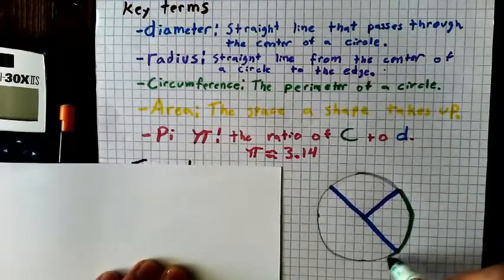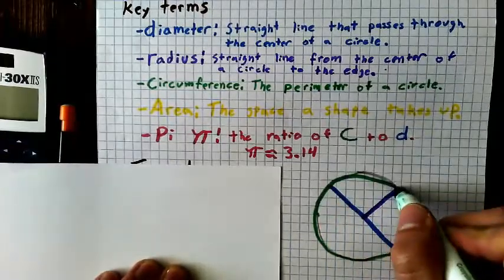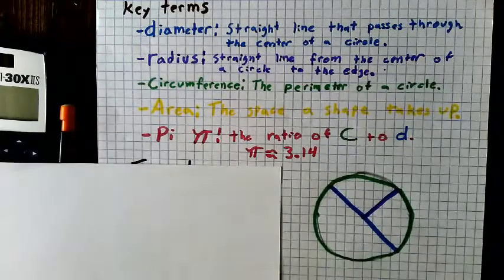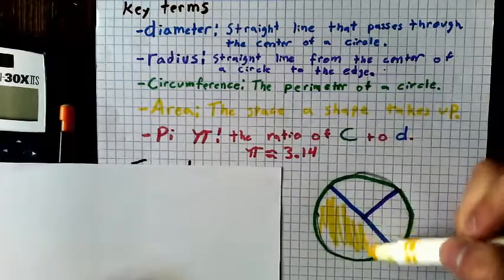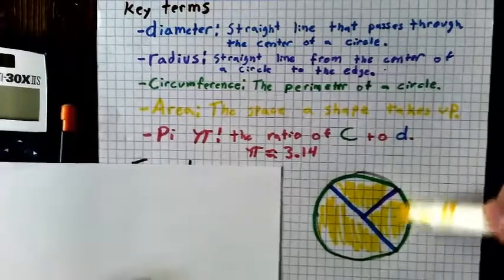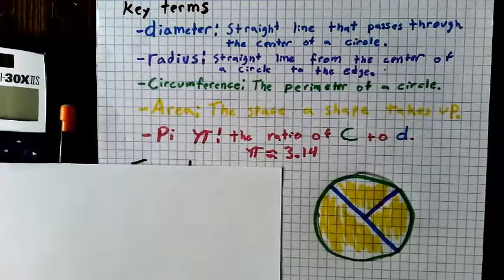So for this circle, the perimeter is all the way around it. Okay, so that's perimeter. And area is the space that a shape takes up. Okay, so that's all of this area in here, this space that is taken up by the circle. Everything in this circle is its area.